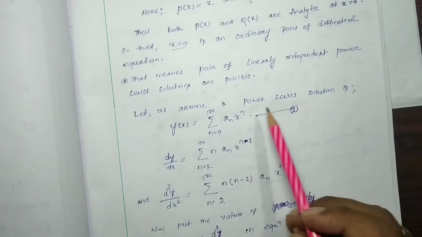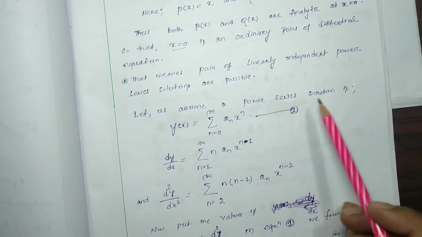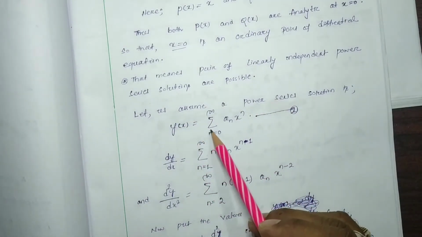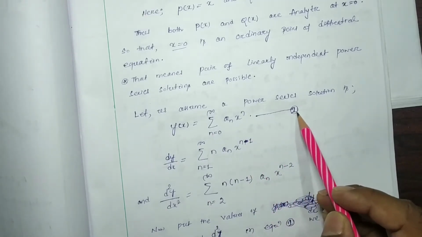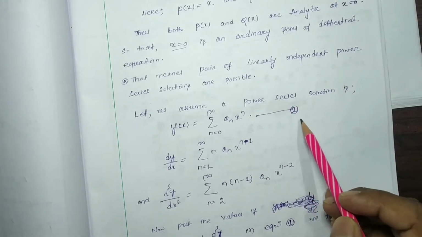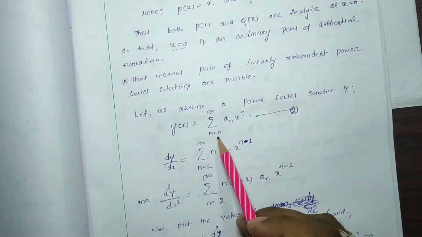Now for that we assume a power series solution y(x) equal to the sum of a_n x to the power n, n equal to 0 to infinity.